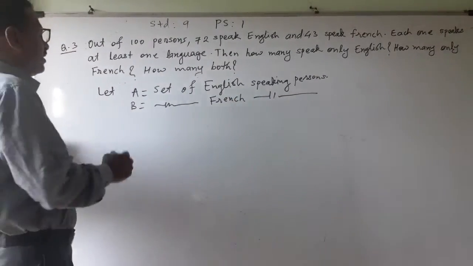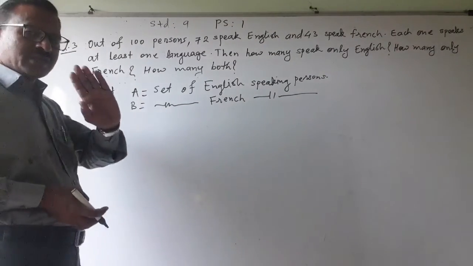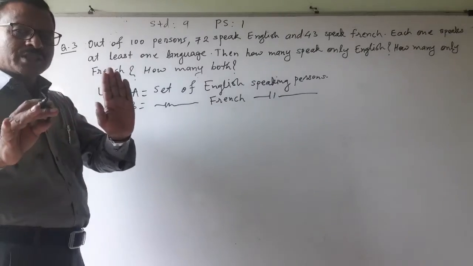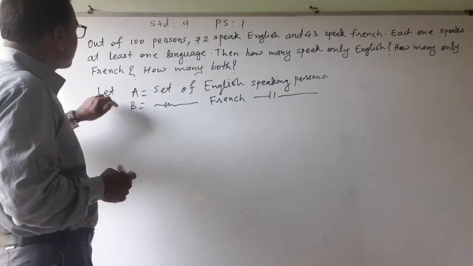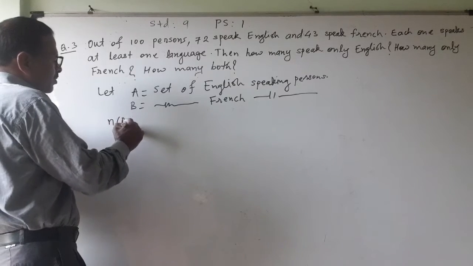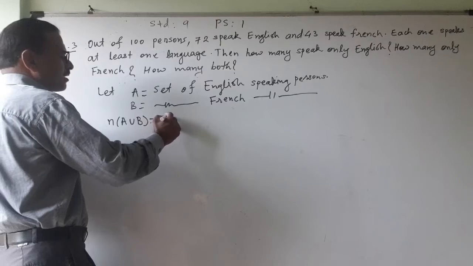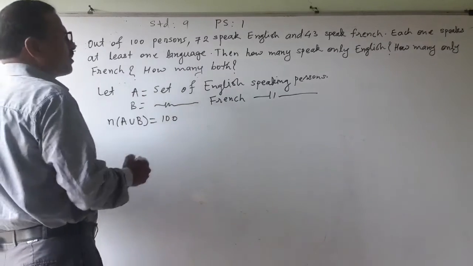Okay. All are speaking at least one of the languages, that is sure. That means n of A union B is equal to 100. There are totally 100 people.